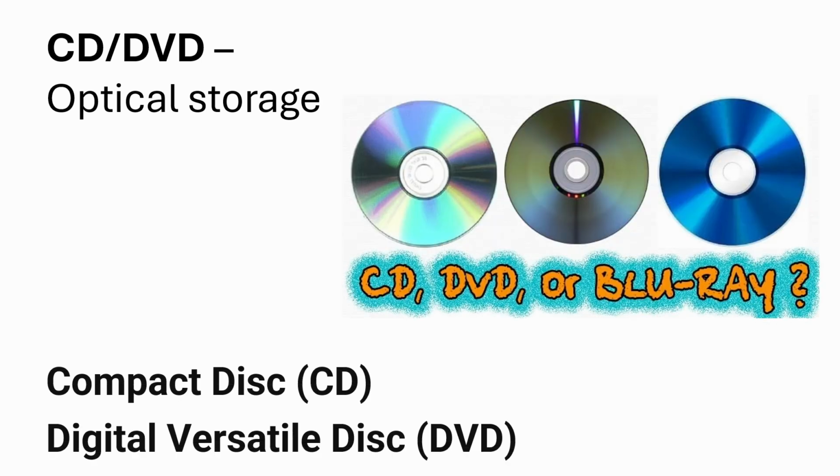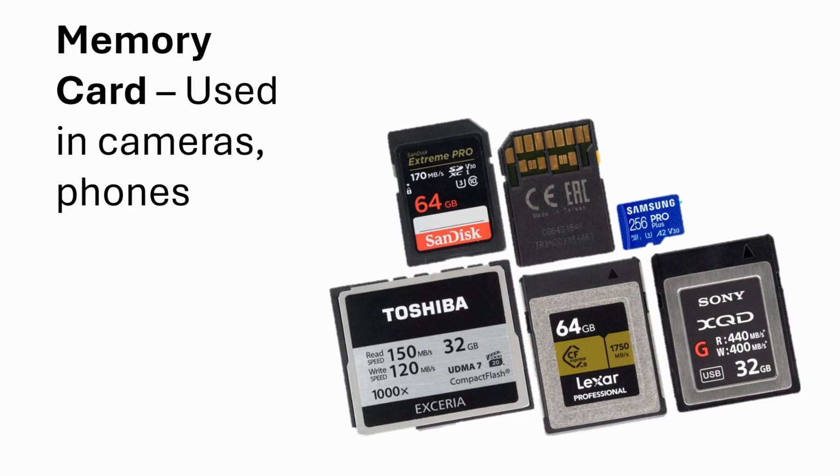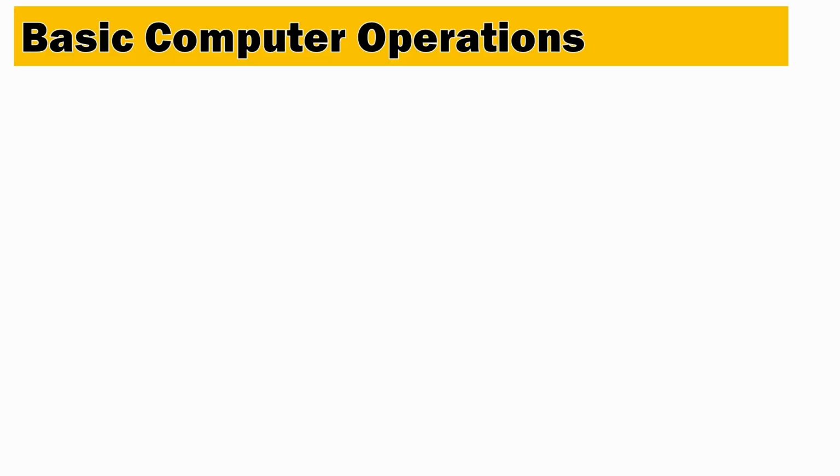Next, another type of storage is CD or DVD, which is the optical storage. CD stands for compact disc, and DVD is digital versatile disc. Next is memory card, used in cameras or phones. Okay, so those are the input, output, and storage devices.